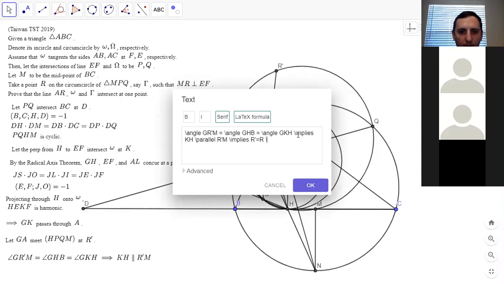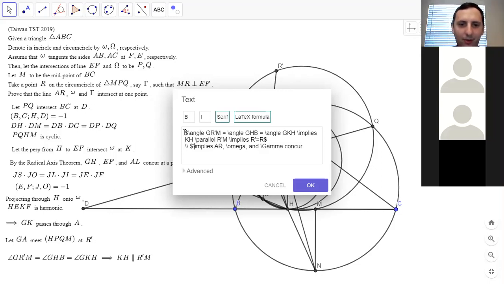That implies AR, omega and gamma. All right. Now that's a really nice solution.